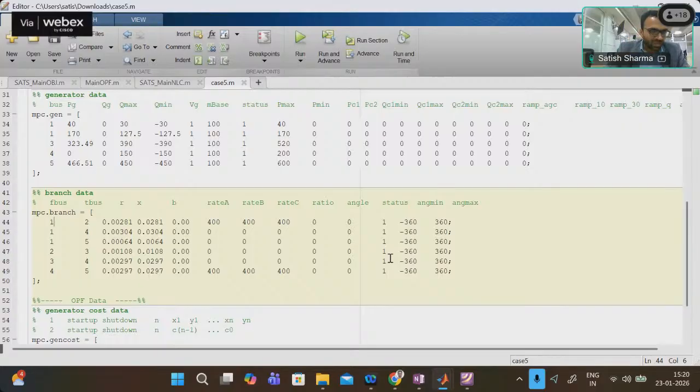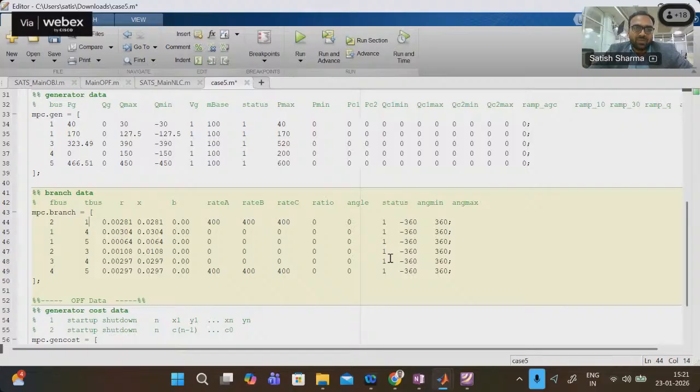So the very first branch is 1 to 2. If I make it 2 to 1, will it change the information provided, or will it affect my solution? Based on this data, I don't think it will affect the solution.